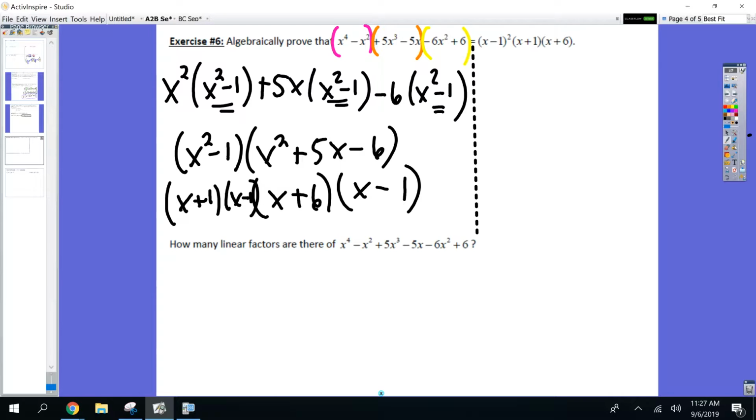Still doesn't match the right side though. How am I getting this up here? I see an x plus 1. I got that. I got the x plus 6. How many x minus 1s do you have? So you're just rewriting it. That's all that is. X minus 1 squared, x plus 6, x plus 1, and look at us. Big boy, big girl math.